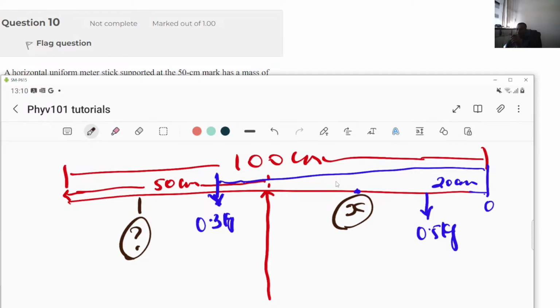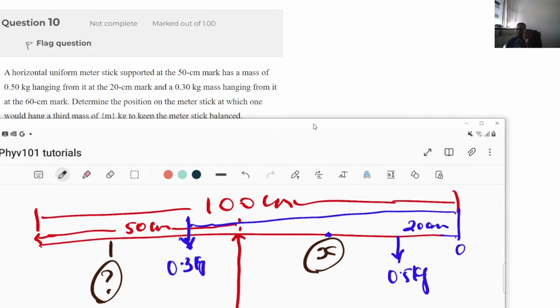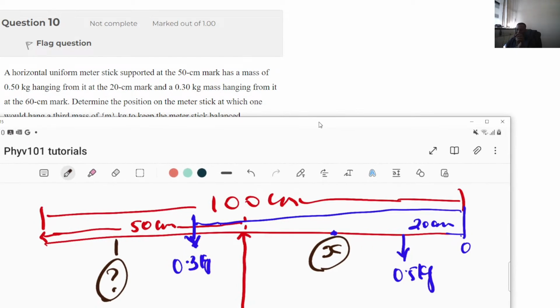But it is balanced. It's balanced at the middle. Therefore, the weight is not in use. A horizontal metric stick supported at the 50 centimeter part. The weight of the metric stick is useless. It doesn't make any torque because it's supported at the center, and has a mass of 0.5 kilogram hanging from it at 20 centimeter.